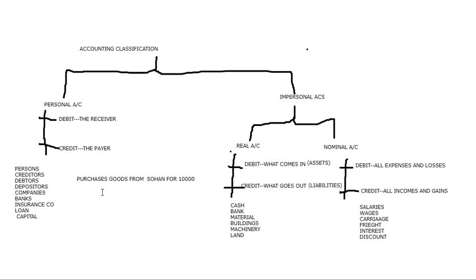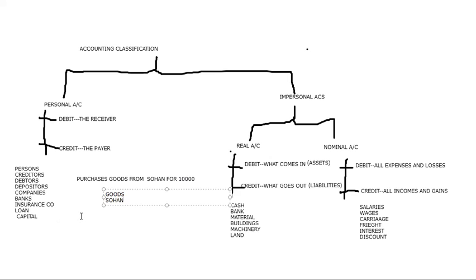One split is goods, another split is Sohan. Now I have to adjust them in the debit and credit format. So how am I going to adjust these things? Let's see.